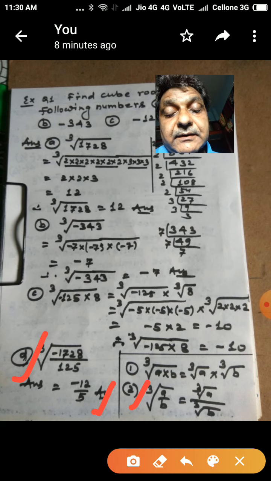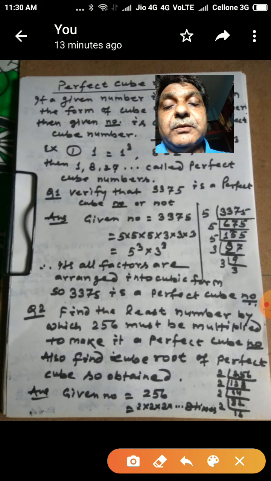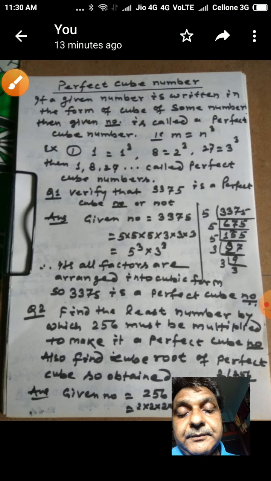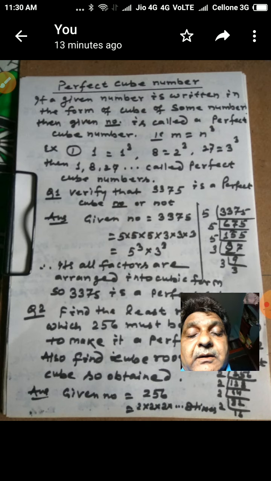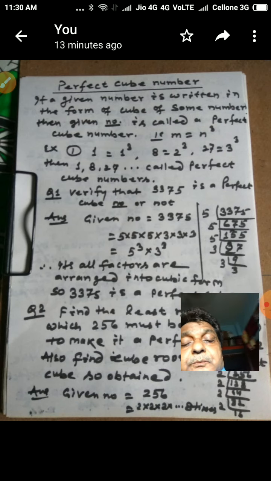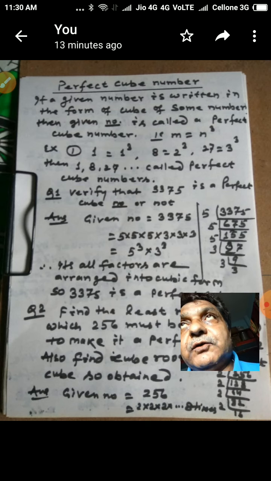Now we will discuss some more terms. What do we mean by a perfect cube number? So here student, we will see what a perfect cube number is. As the name suggests, a perfect cube number means a number which is perfectly in cubic form.